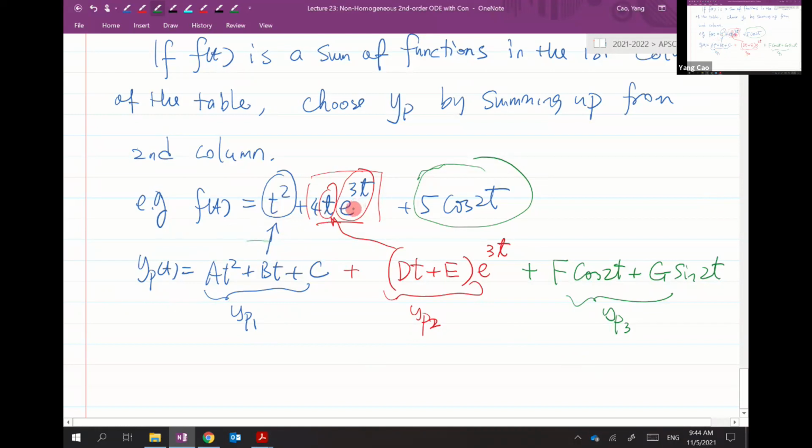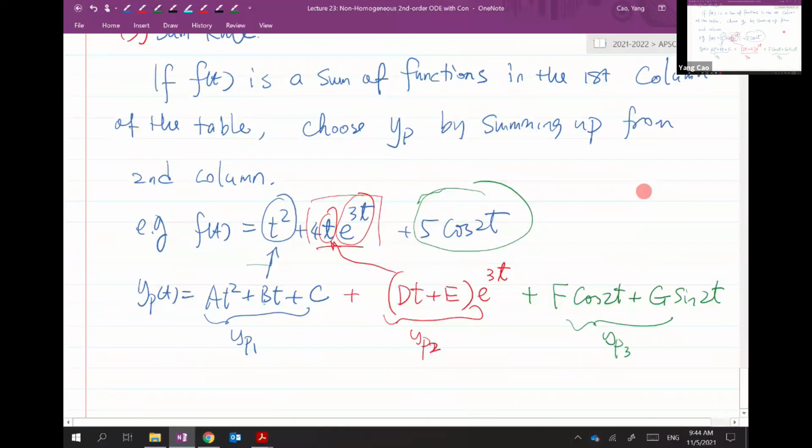Another one equal to this. Another one equal to this. Then you solve the constants 3 times separately, instead of mixing everything. You could, but it will make your expression gigantically long and very confusing. So basically, those are the 3 rules.